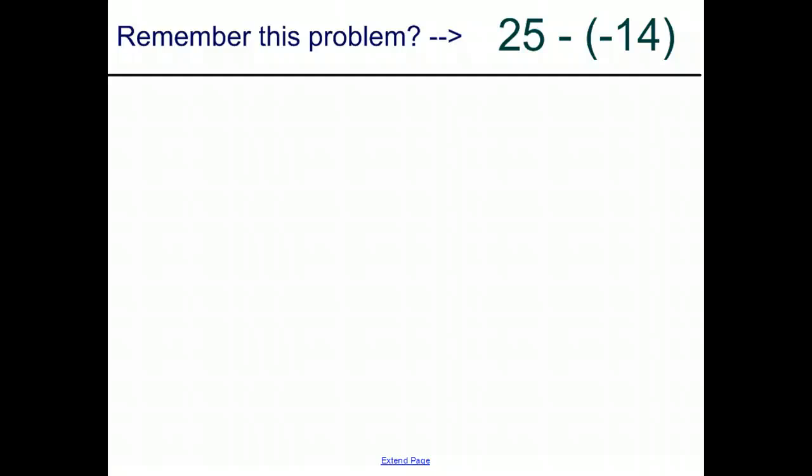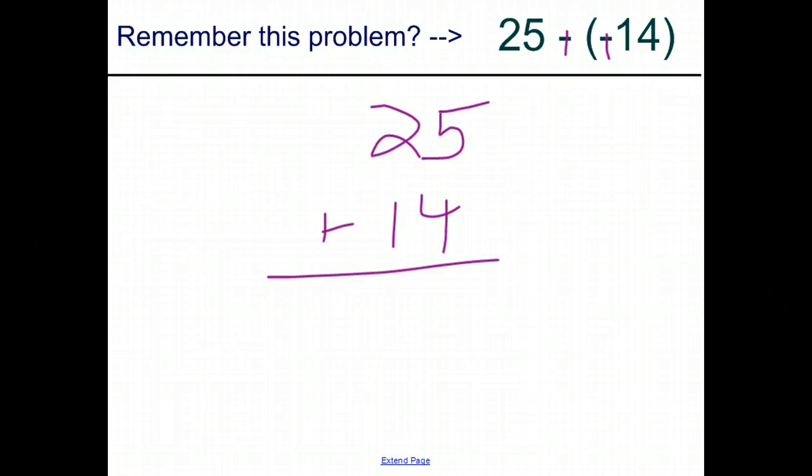So we're going to do one final example here so that this video doesn't go on too long. Remember this problem again, 25 minus negative 14. Well, 25 minus negative 14 is 25 plus the opposite of negative 14. So add the opposite, we add 14, and we get 39.